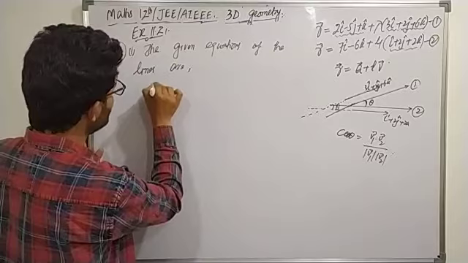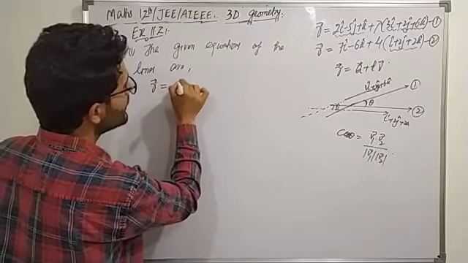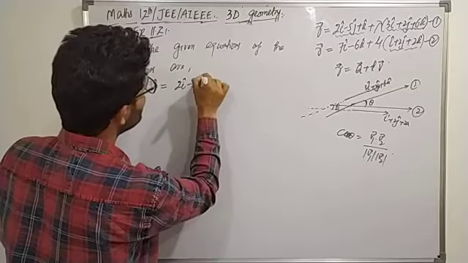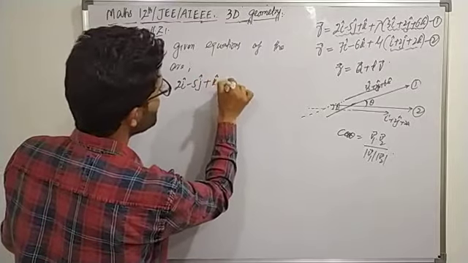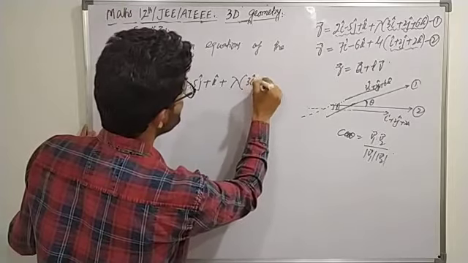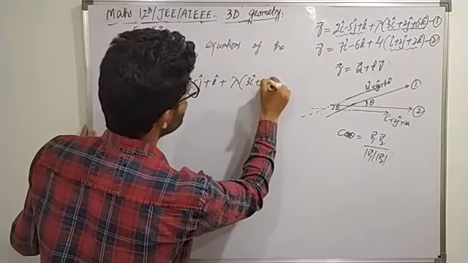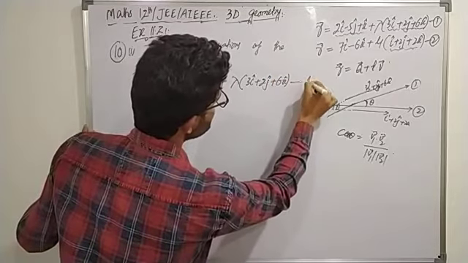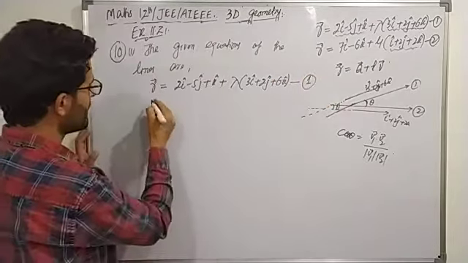What are they? R vector is equal to 2i minus 5j plus k plus lambda times 3i plus 2j plus 6k. This is our line first. And similarly we have line second.